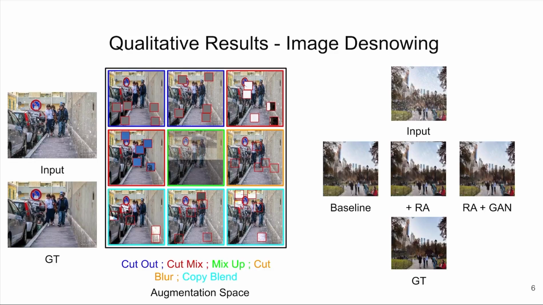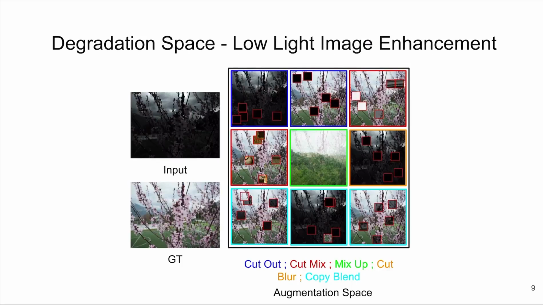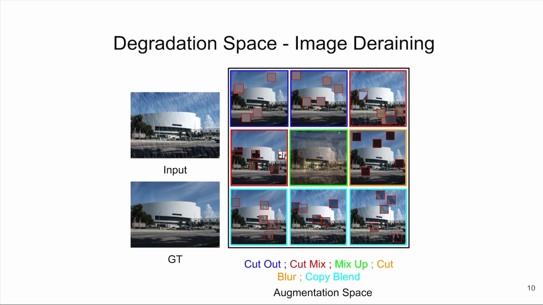And we observed that training a neural network with a large augmentation space along with GANs result in images having higher perceptual quality. So we extend the visual evaluation of the degradation space for image deblurring tasks, image dehazing, low light image enhancement, and image deraining.